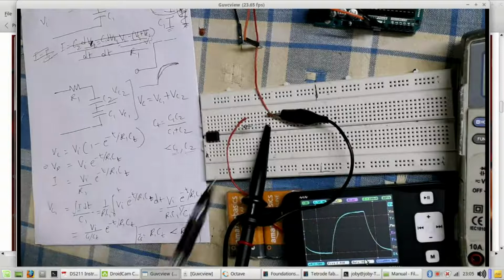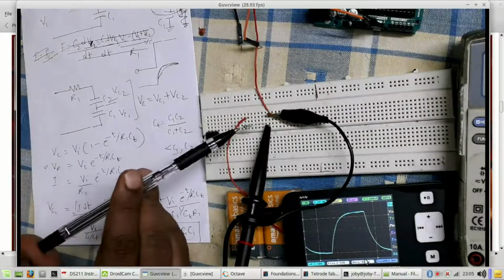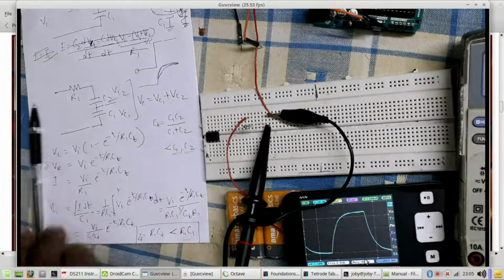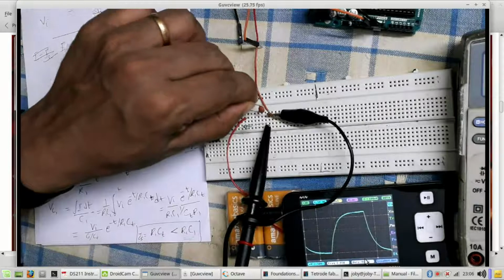Now let us go and test that in this circuit. So we have this waveform already stored, right? And we would like to now go and introduce the capacitance in series with the circuit. So let us take an equal value capacitor, the same as this one, right?